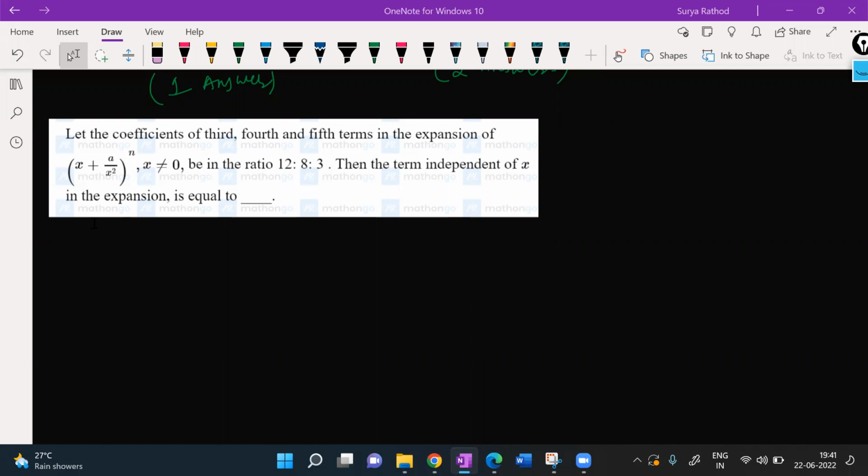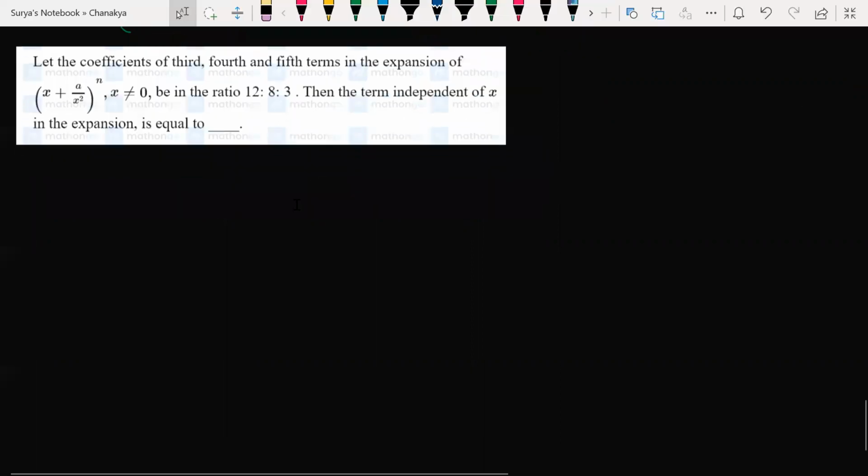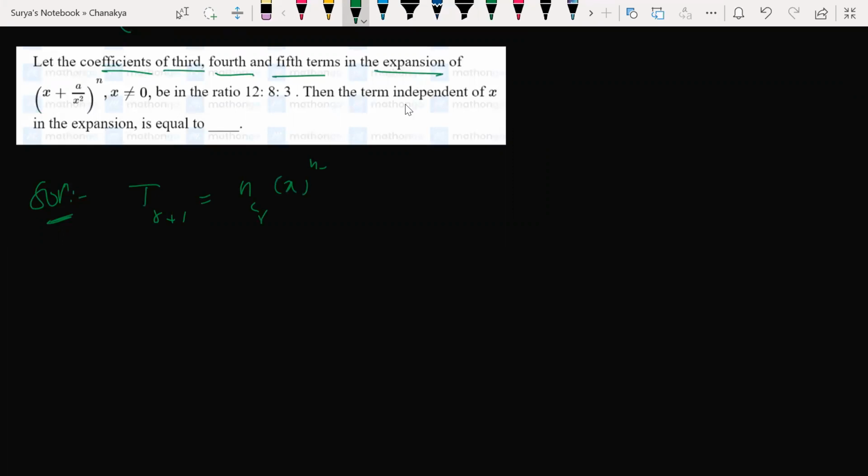Then the term independent of x in the expansion is equal to dash. So T(r+1) is equal to nCr x^(n-r).